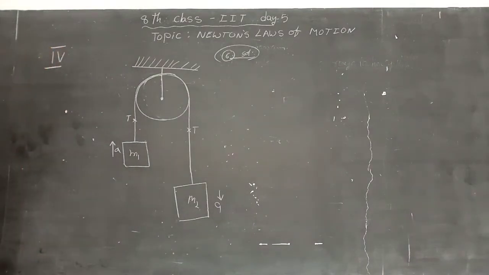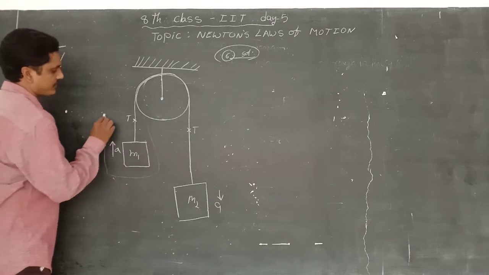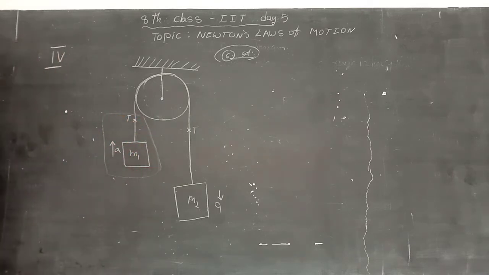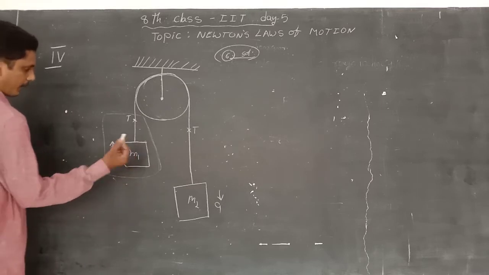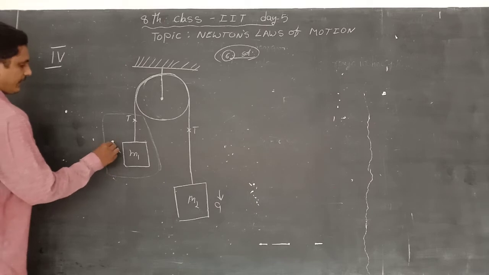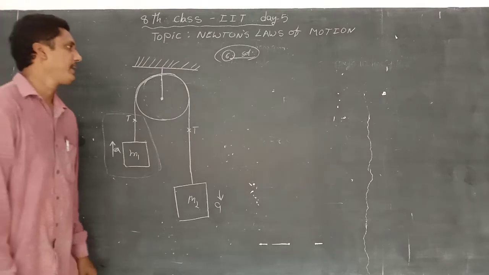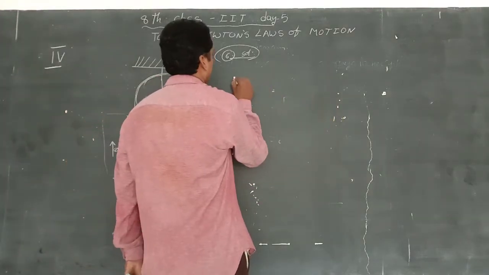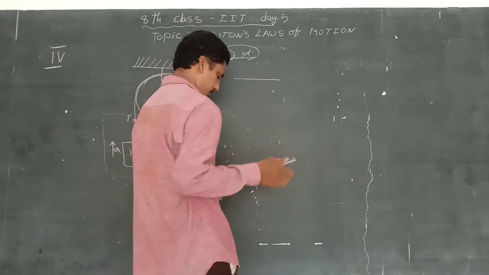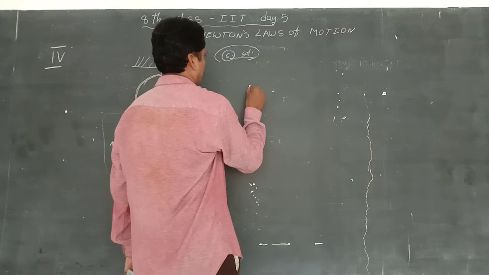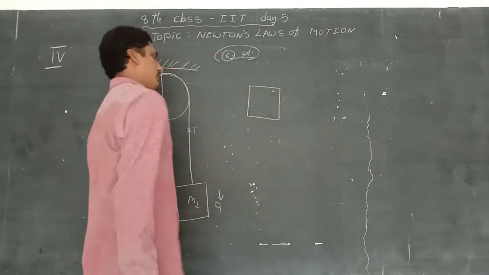Free body diagram is isolated from the surroundings and system. Look here. Mass of the body M1. Acceleration of the body a in upward direction. Sixth solution.